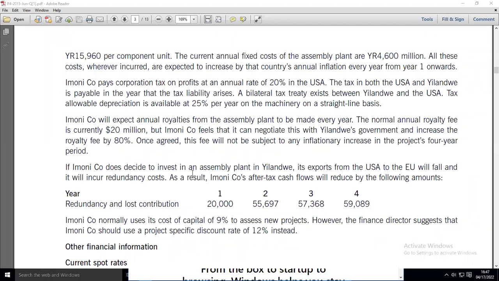If I decide to invest in an assembly plant in one, its exports from US to EU will fall, and we incur redundant concerns. After-tax cash flows are reduced by the following amounts. So there's the opportunity cost. The company is suffering this opportunity cost. Our cash flows are reducing by this amount.